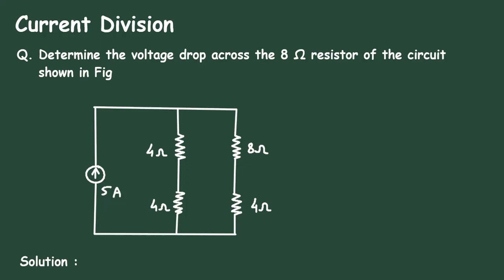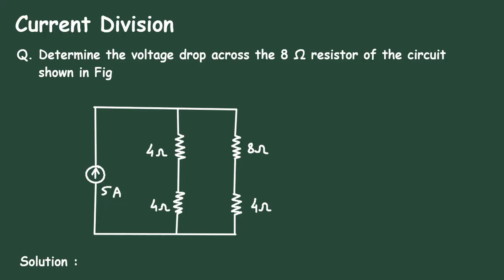So first of all, according to Ohm's law, current is equal to voltage divided by resistance. The value of voltage is 38 and the value of resistance will be 9 plus 9 plus, now this 2 ohm and this 2 ohm are connected in parallel, so it will be 2 divided by 2.